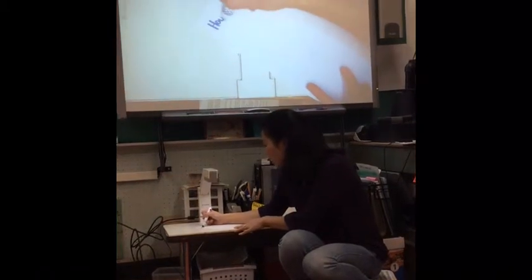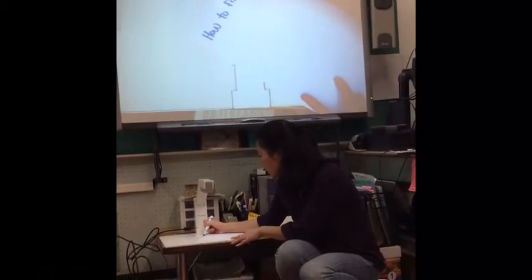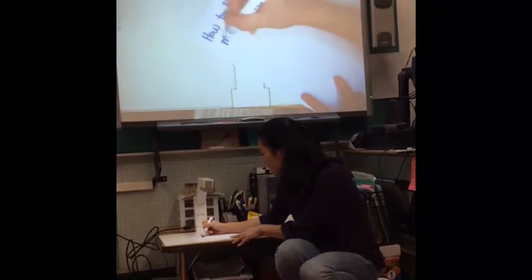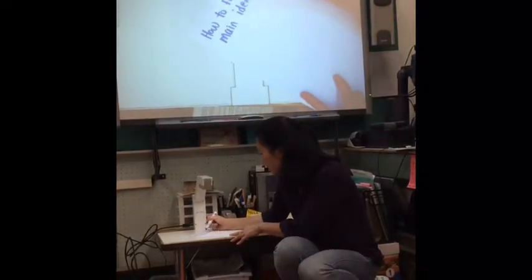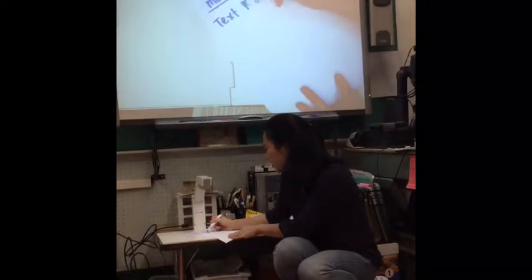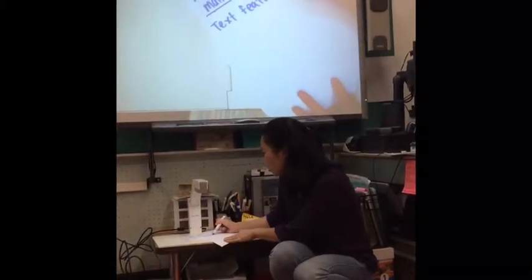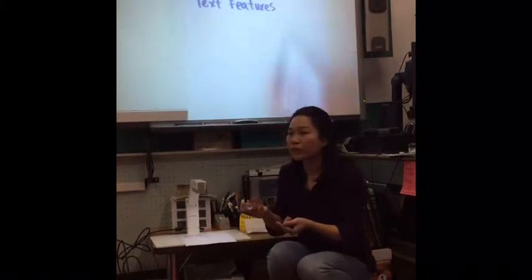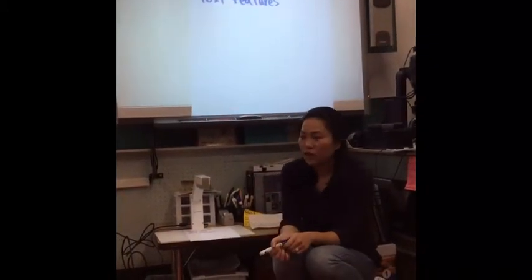So how to find the main idea. Another way is we can use text features to help us. And we've already discussed a few text features.